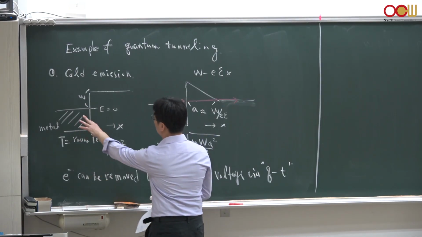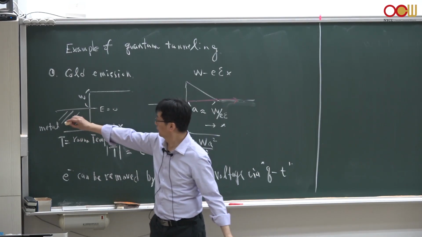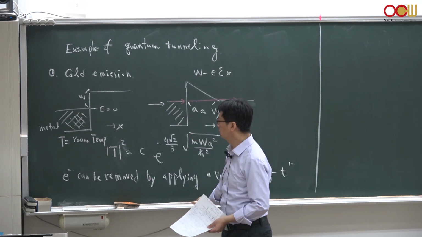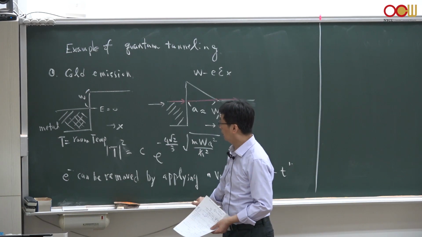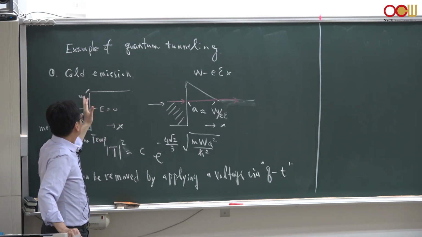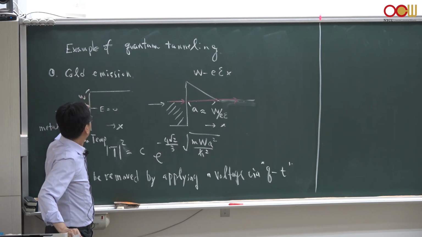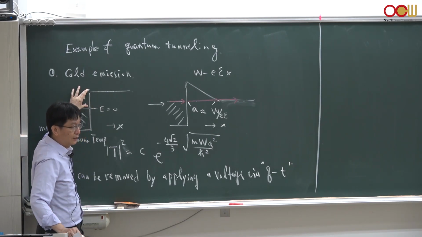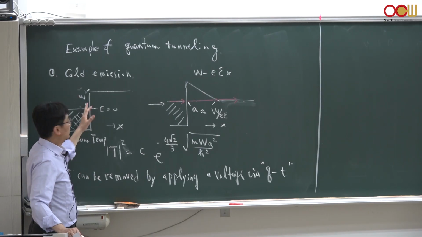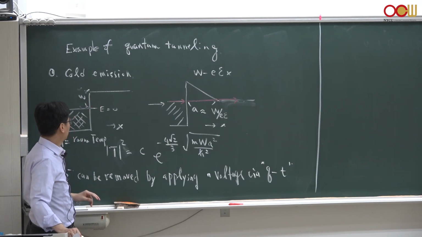Suppose electrons are populated up to some energy level at the chemical potential, and this is the other side of your sample, an insulator or something like that, with a potential barrier like this, with barrier height W, and this is a step-like potential barrier, right?